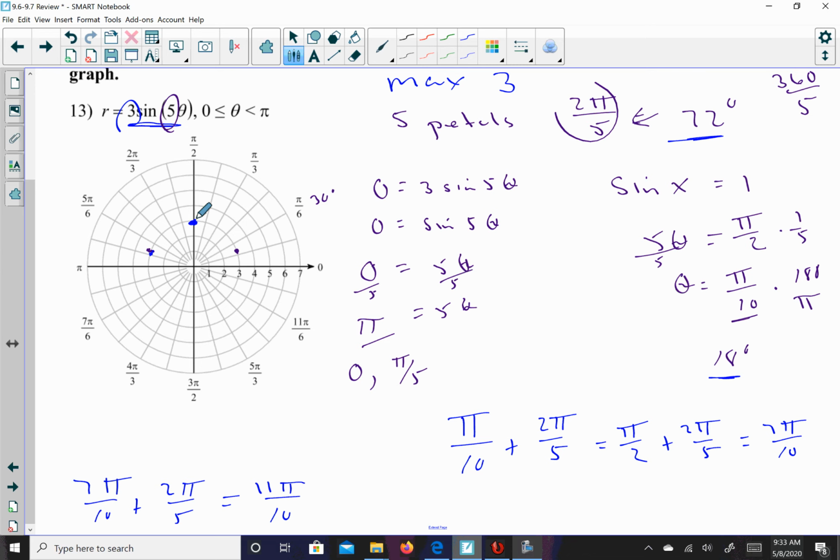That gives me 162, and that's how I have this point here. If I keep on adding 72, the next one is going to be 234. Well, this one, so this is 215. No, this is 215. Yes.